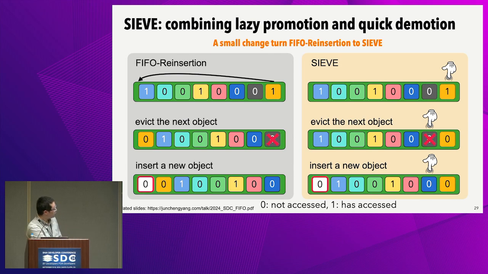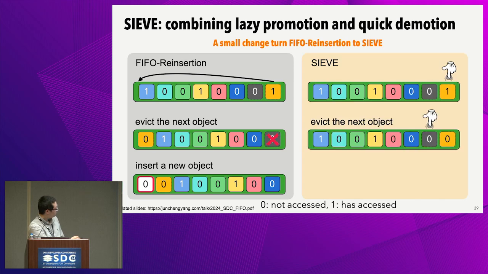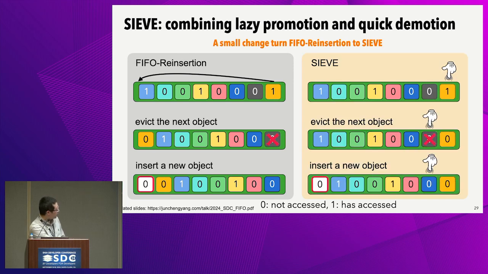Insertion always happens at the head, similar to FIFO reinsertion. So basically we change the way we retain objects. Instead of reinsertion, we keep them at their old positions and use the moving hand to find the next objects to evict.